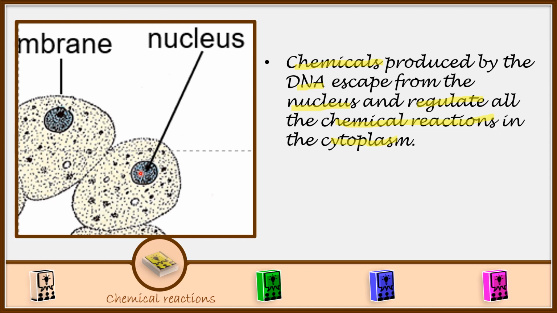And the chemical produced by this DNA is going to escape from the nucleus and enter into the cytoplasm. When it enters the cytoplasm, it is going to regulate all the chemical reactions that are taking place in the cytoplasm.